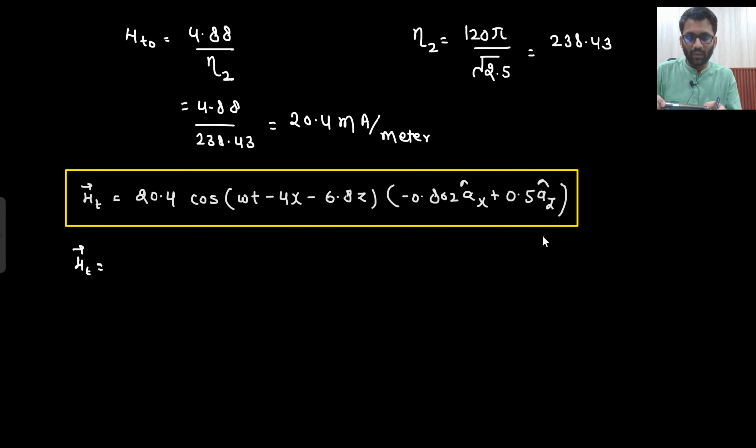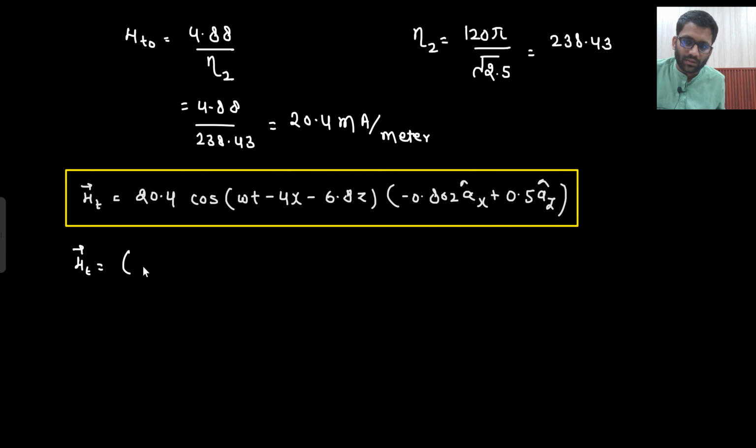So 20.4 into 0.862. So 17.69 we are getting. Is this magnitude correct? Let me check the calculation. Yeah, calculation is absolutely correct.